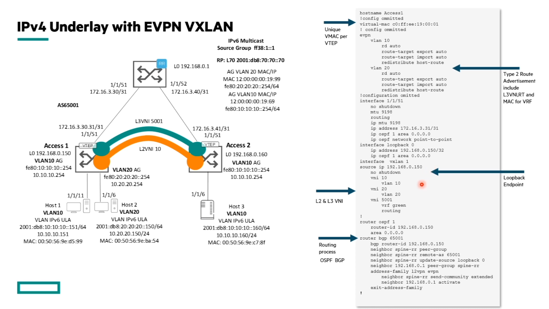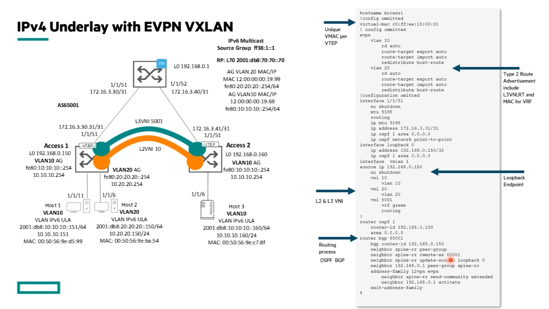And then we have the mappings of the layer 2 and layer 3 VNIs. For the layer 2s, I've mapped VNI 10 to VLAN 10 and VNI 20 to VLAN 20, and then VNI 5001 is a layer 3 VNI, and that's got routing in there. Then we have the processes for both the underlay, where I'm using OSPF, and the control plane, where I'm using BGP.